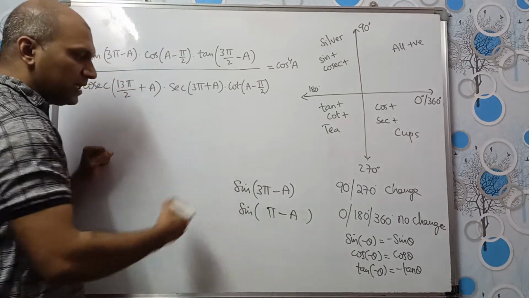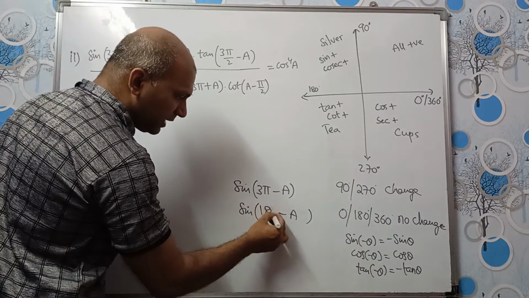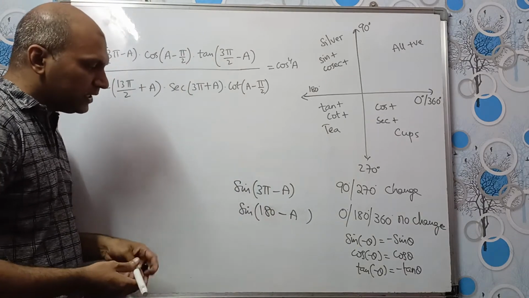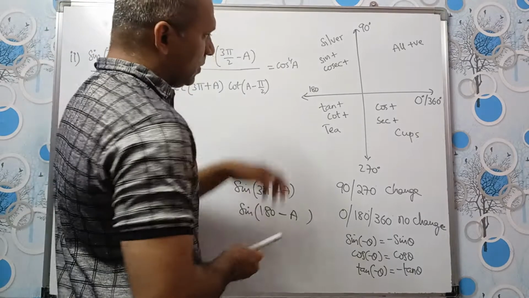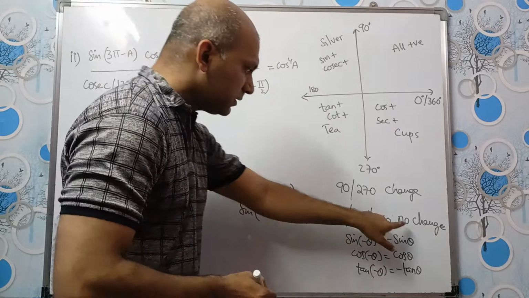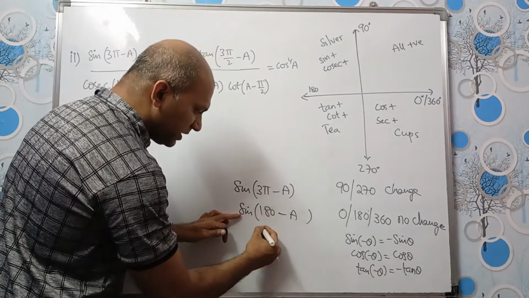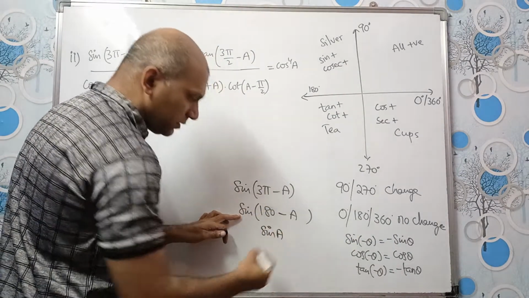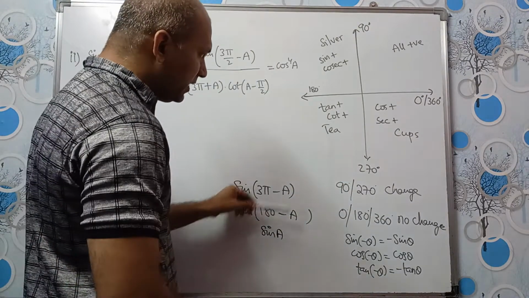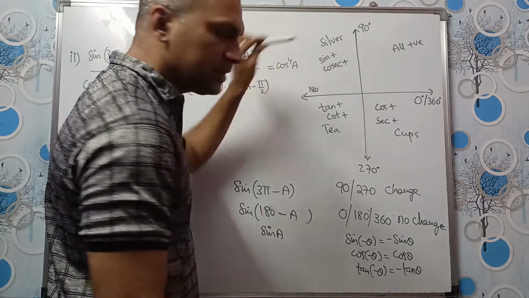Okay, what is sin(π − A)? 180 minus A, right? At 180 there is no change, so sin will remain sin, so it will be sin A. And 180 minus A is in the second quadrant.